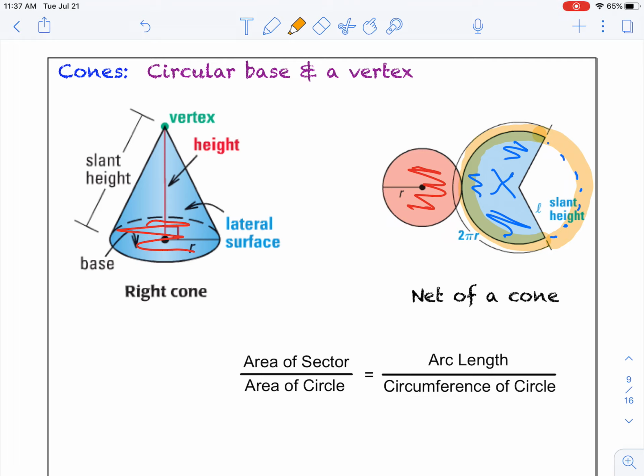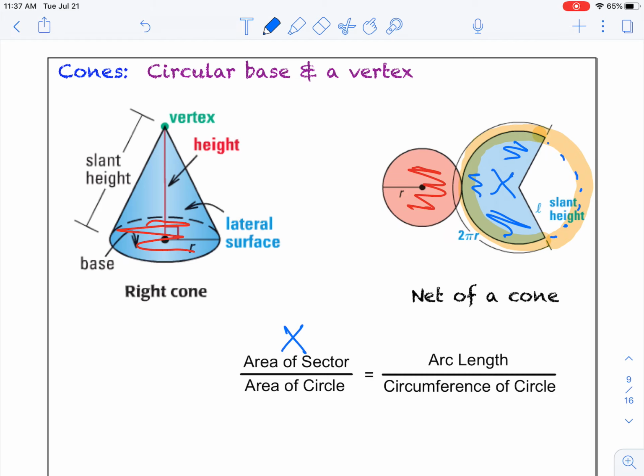And so we can actually use those ideas. If we go ahead and put in X for the area of the sector part, because we can easily find the area of that base right there, that's just pi times radius squared. But what do we do for this? Well, we set up that ratio.